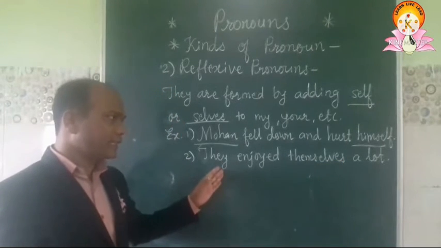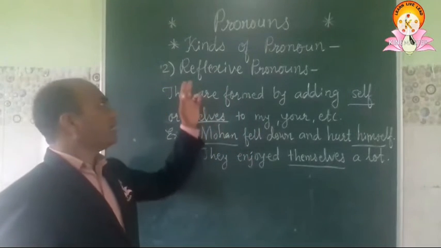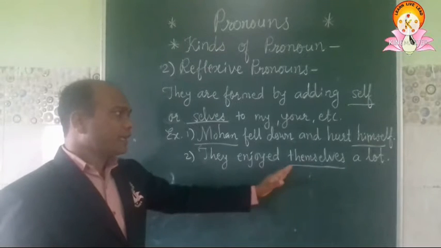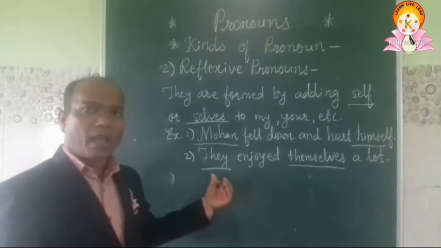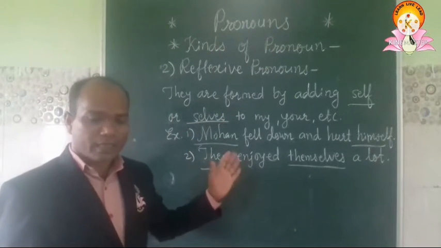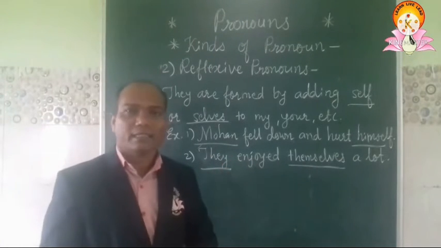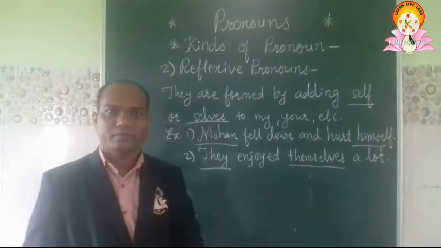Here in this sentence, themselves is a reflexive pronoun. In this sentence also, it reflects back the subject they. Another important thing about the reflexive pronoun is that it is used as the object of the given sentence.